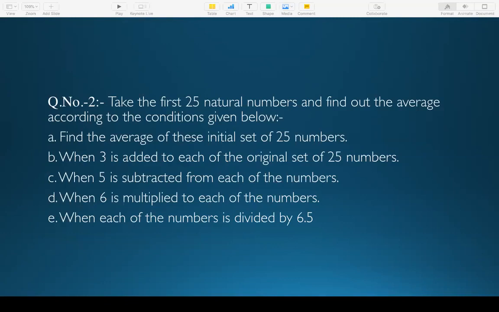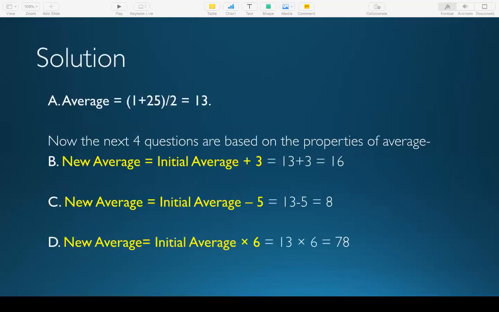This would have been the new set of 25 numbers. And since most of you have already solved the question, you must have seen that in the second question, your answer came out to be 16. And in the first part, your answer came out to be 13.